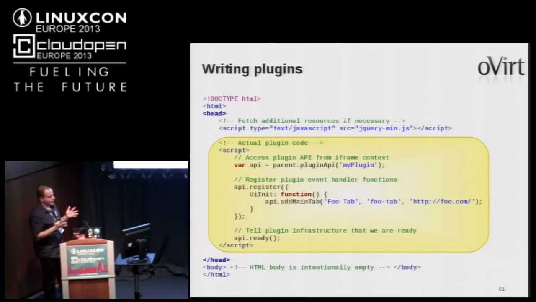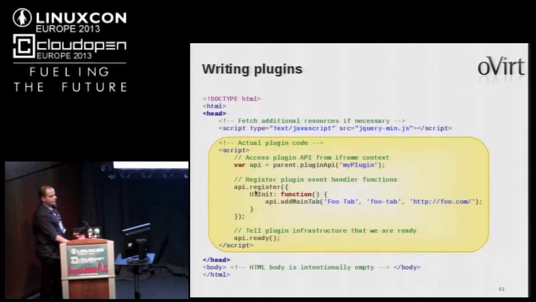Looking at the most basic plugin you could use, it's just an HTML file with a JavaScript section. The first part accesses the API, telling it I would like the plugin API, my name is my plugin. Then I'm registering event handler functions.